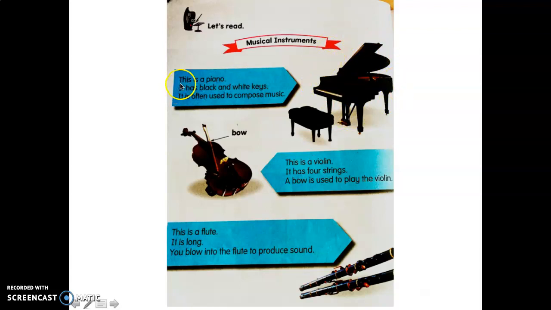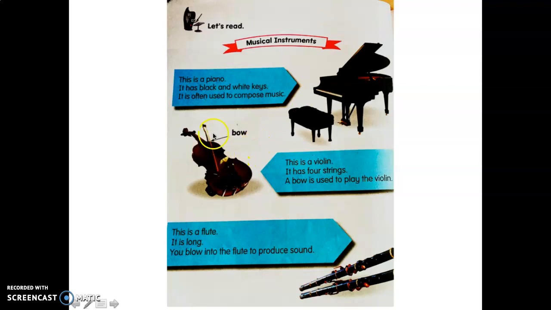This is a piano. It has black and white keys. It is often used to compose music. Ini ialah piano. Ia mempunyai kunci hitam dan putih dan ia selalu digunakan untuk mencipta lagu.